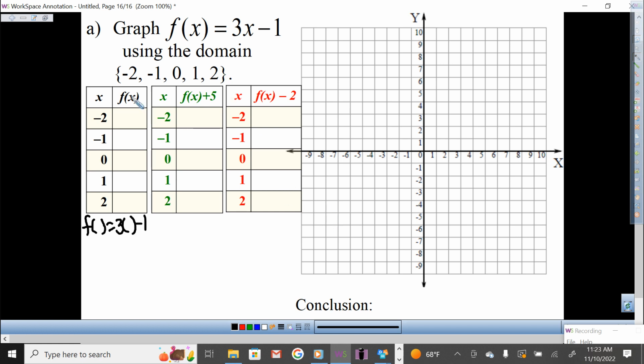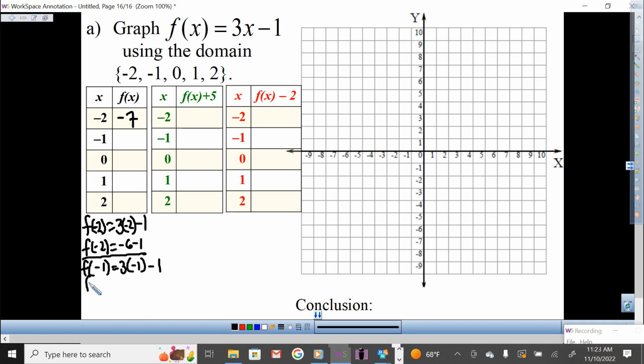So my first value is what? -2. So we write f of -2 equals, what is 3 times -2? -6. What is -6 minus 1? -7. That goes right there. The next one, f of -1 equals 3 times -1 minus 1.